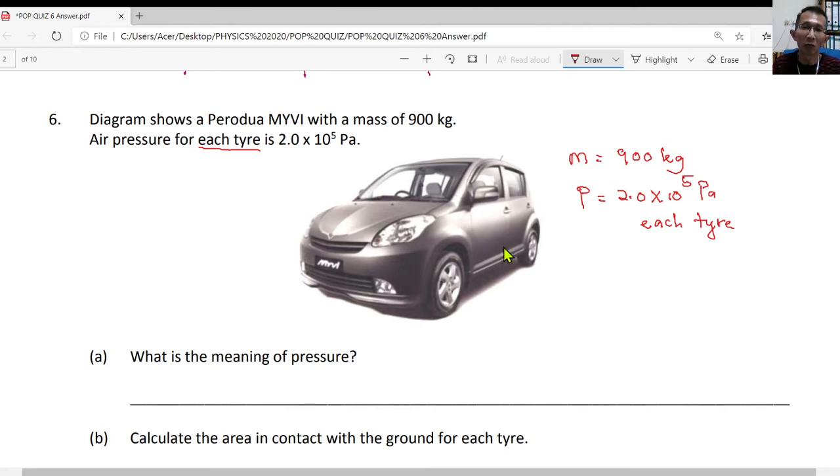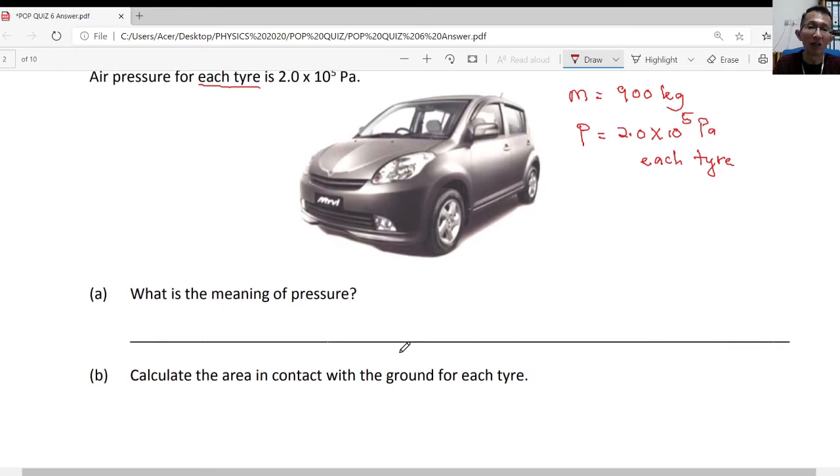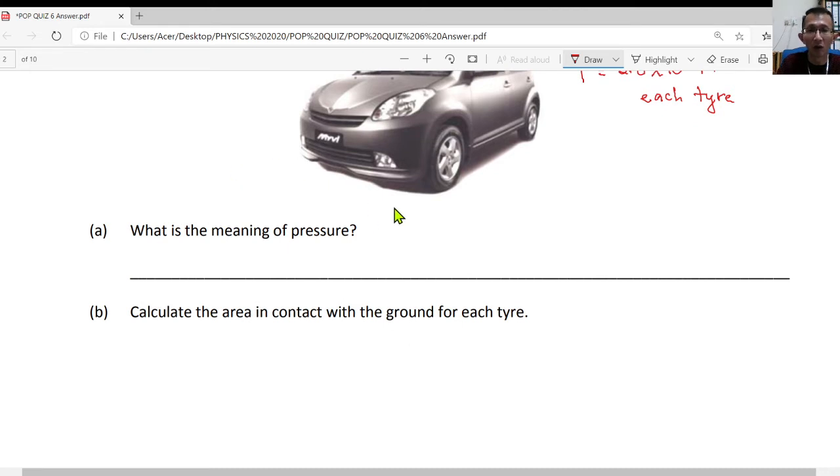Not the sum of all the tires, but one tire is 2.0 times 10 to the power of 5. What is the meaning of pressure? Remember that pressure equals force over area.